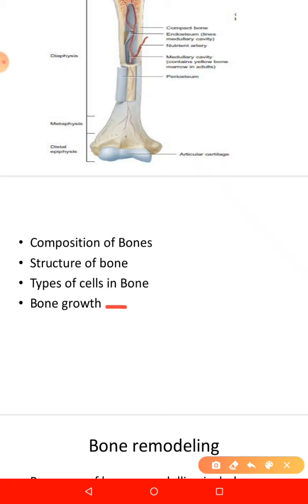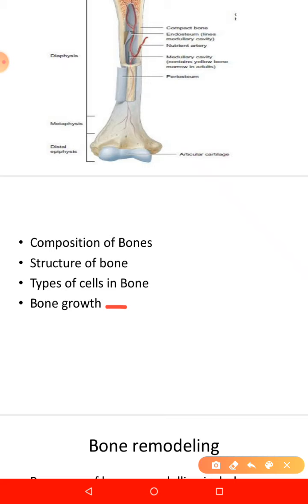At birth, there's 50% cartilage and bone, so this cartilage has to be converted into bone. By the age of 2 years, the skeleton consists of 35% cartilage and 65% bone. The ossification is carried out by the osteoblasts.